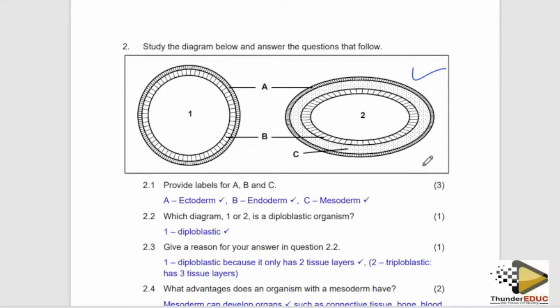Don't go to the paper without knowing these different layers. Ectoderm means outside. Endoderm means the inside one. Mesoderm means the middle one.